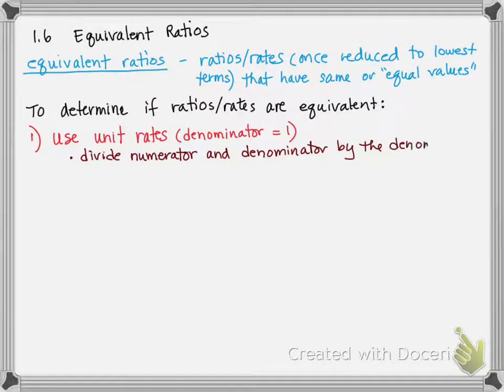So that's going to give you a 1 in the denominator, and then you'll have a number on top. Once both of your ratios or rates have 1 as the denominator, you're just going to compare the numerators.